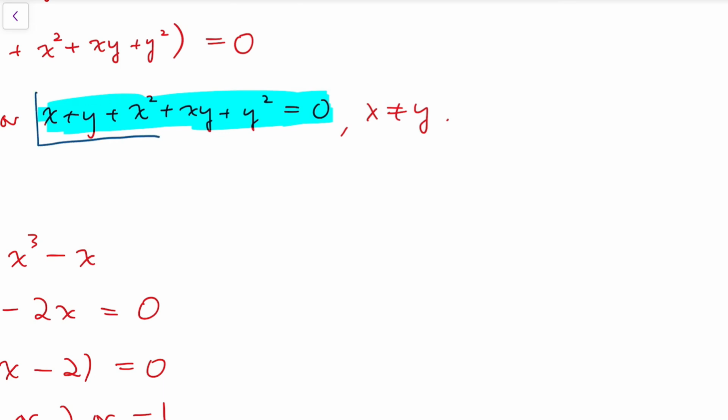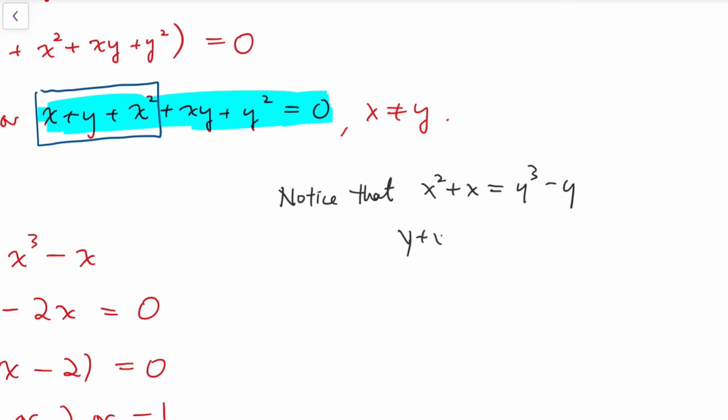Observe that for these three terms, the first equation tells us this, and we move only the y to the left. The first three terms that I've highlighted is just equal to y cubed. So y cubed plus xy plus y squared equals 0. So we can take out the y.